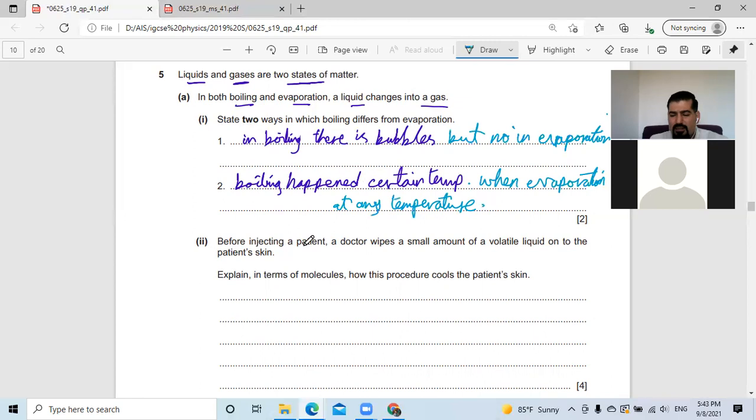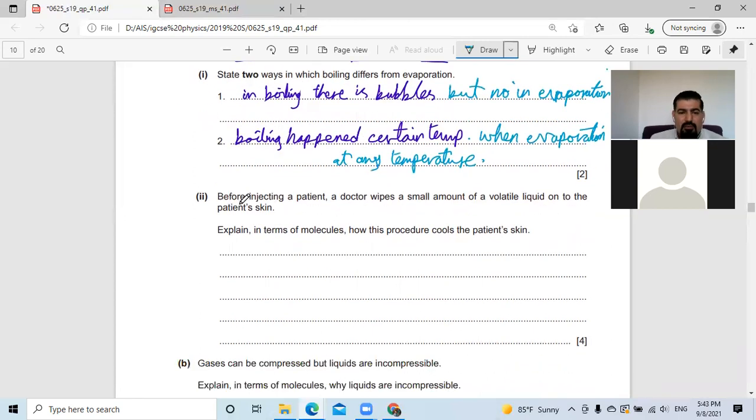Okay, next. Before injecting a patient, a doctor whips a small amount of volatile liquid on the patient's skin. Explain in terms of molecules how this procedure cools the patient's skin.